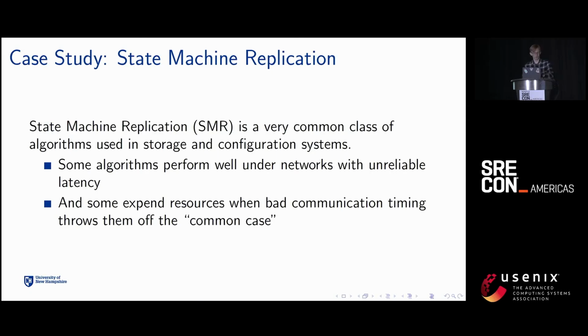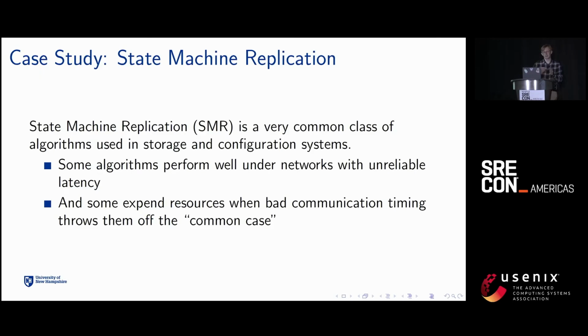And what happens is that some algorithms in this category perform decently well when we have networks with flaky latency. Some algorithms will inherit that latency flakiness, but they will not suffer in terms of throughput degradation or capacity degradation. They will continue providing useful throughput, useful work.